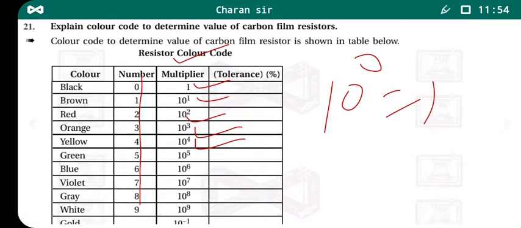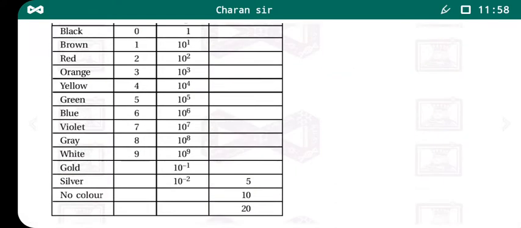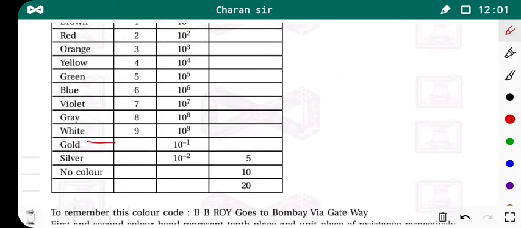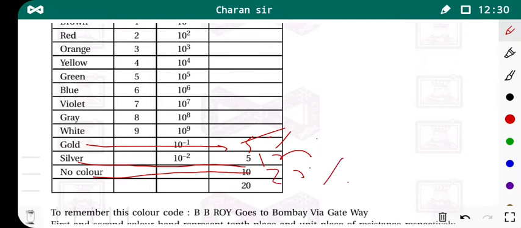After that we have 3 more: gold, silver, or bands with no color assigned, meaning no color. For these, the digit value is not given, but the multiplier and the tolerance, the variation, are given. For gold we have 5%, for silver we have 10%, and for no color it is 20%. This is how you can remember the tabular representation.